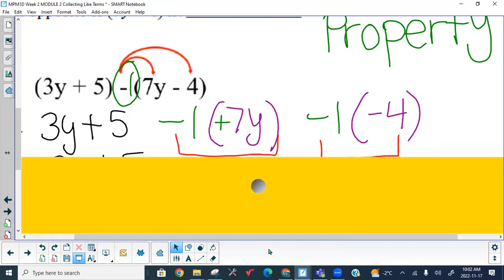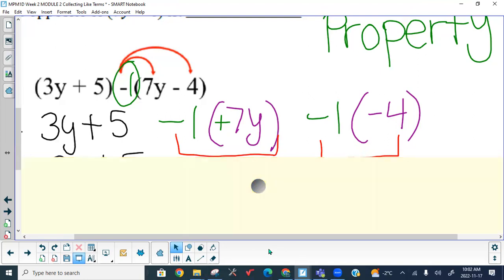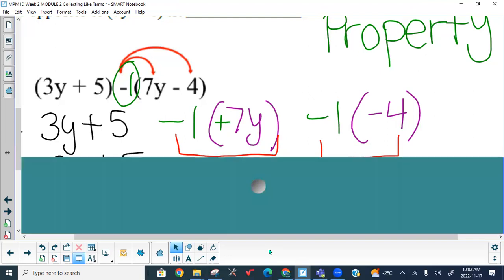But what operation am I using to combine -1 and positive 7y? When you see a bracket, what operation does that imply, Saran? Multiplication. Thank you very much. So we're going to multiply those terms.